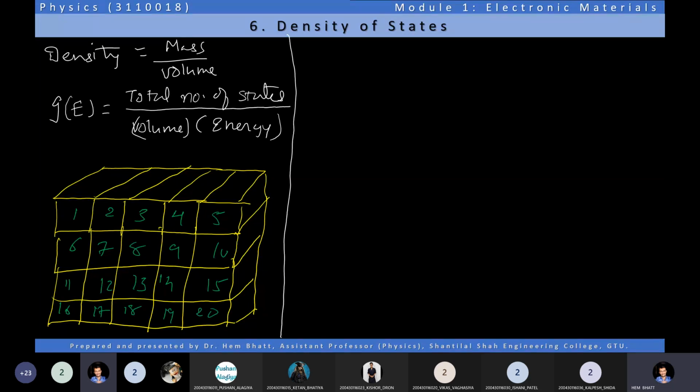Assuming that one room can take care of 2 people, how many total number of people can stay in this hotel?